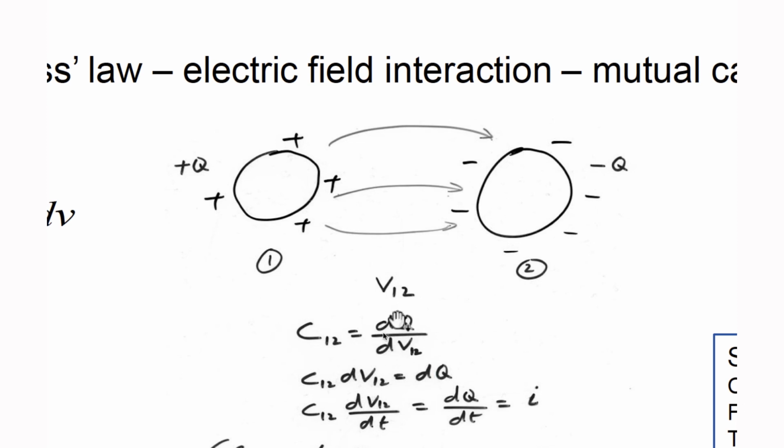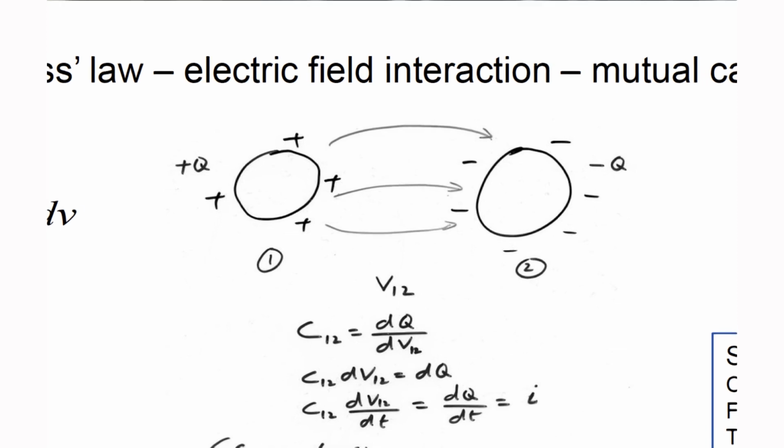Since it is a total differential, you can do this algebraic manipulation. Then you take the time derivative on both sides. Then you will see that dQ/dt is nothing but the current I. So it is like a current injection. Already you can see that. Now tie it up with Gauss's law.